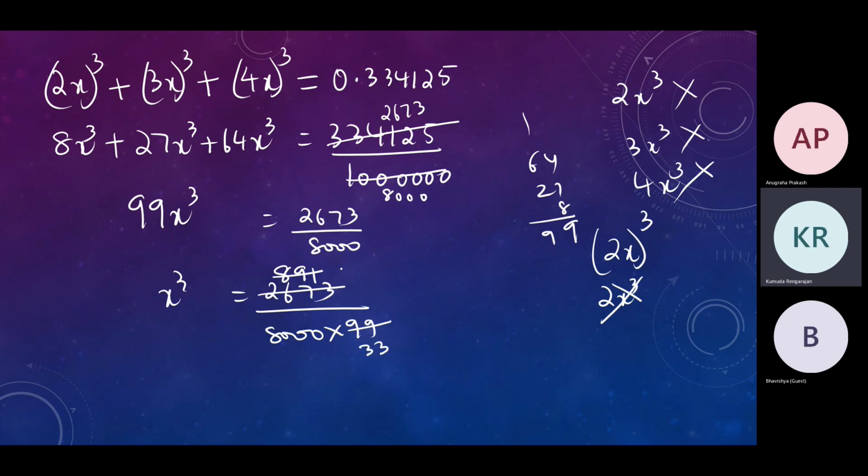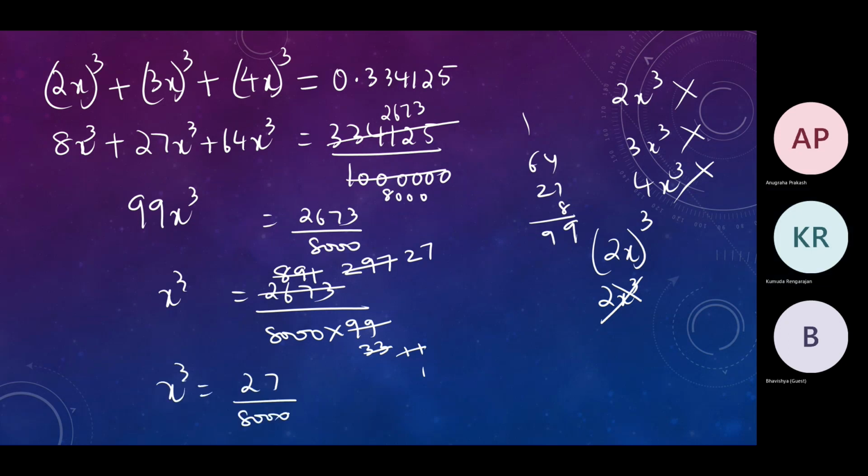And again 3 2s are 6, 2 remains, 3 9s are 27, 7 times. 3 11s are 33. And now we'll see if this is divisible by 11. 11 2s are 22, 7 remains, 7 11s are 77. So x cubed is equal to 27 by 8000. You cannot simplify this further. You can try to, it's not possible.